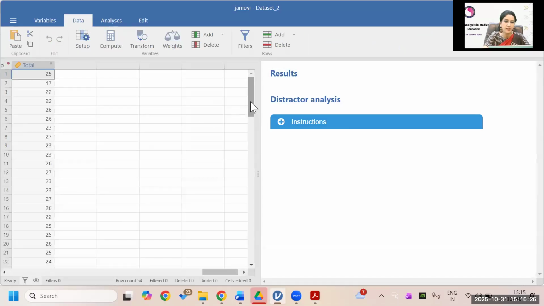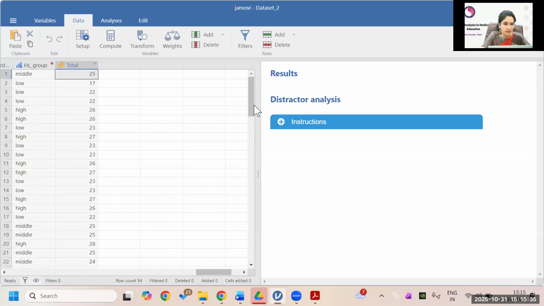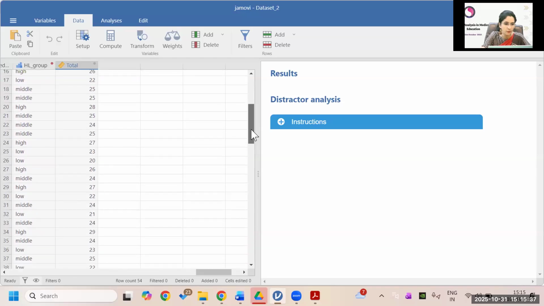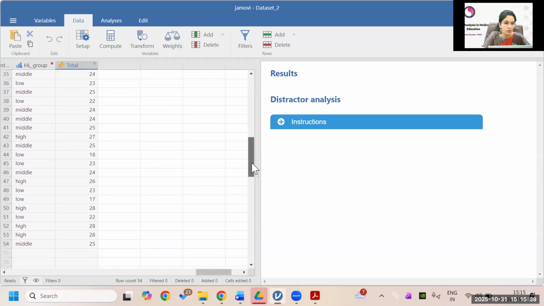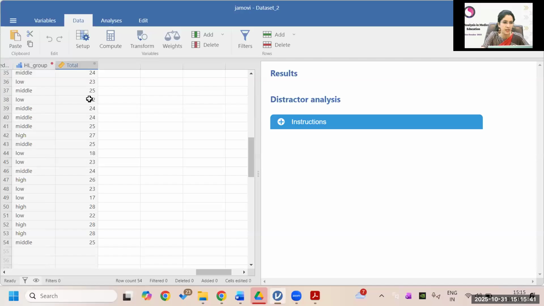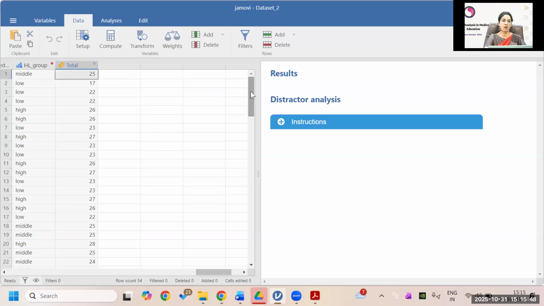Total 30 questions means the maximum score will be 30. You can see 25, 17, 22. Most of them have a good score, 25, 24, 20, mostly more than 20. Very few were 17. So you can say mostly the people got good marks out of 30. That is not needed, but just as a look.